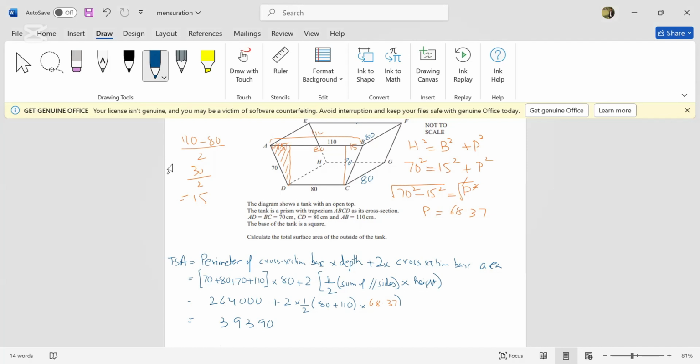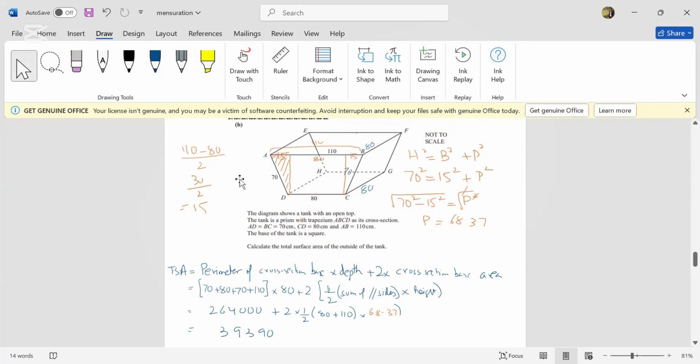But if we see the very first instruction of the question, they said that the diagram shows a tank with an open top. Now, this total surface area has the area of the open top also included. So we need to subtract that open top area. The open top is a rectangle at the top.